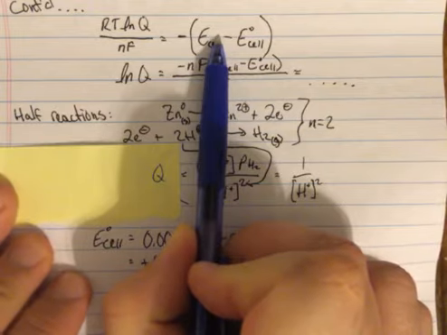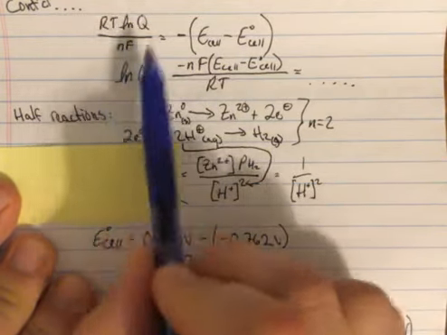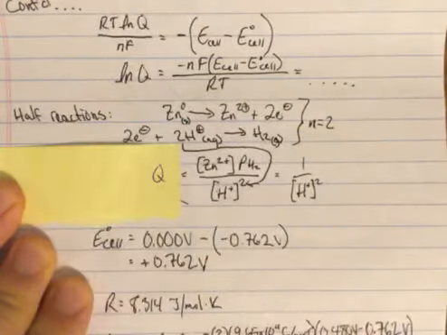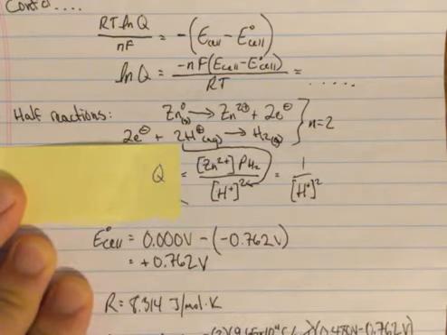I moved everything onto the other side. This is all the non-standard conditions stuff. So that change in concentration should really be what's going to be factored in or analyzed. Again, we're looking at H plus concentration here.